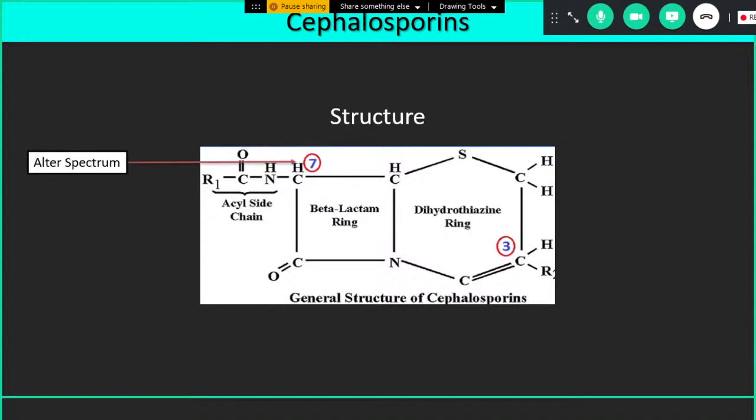For example, if we change the carbon atom at position 7, the spectrum of the newer cephalosporin produced is greatly changed. It might have more activity against pseudomonas or gram negative bacteria, or it may have activity against MRSA. All of this happens because of the change at carbon 7 in the beta-lactam ring.